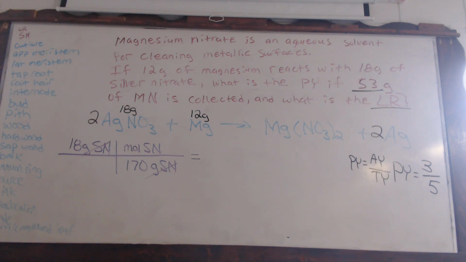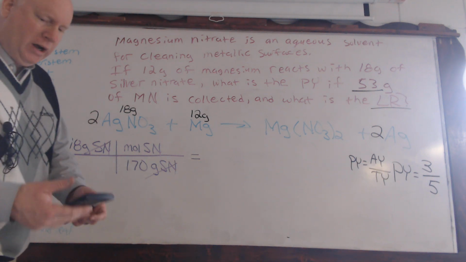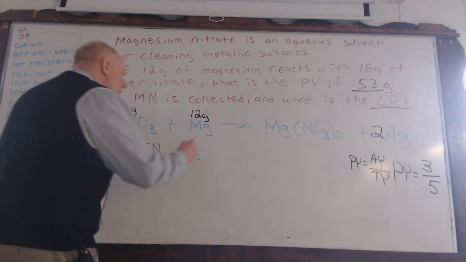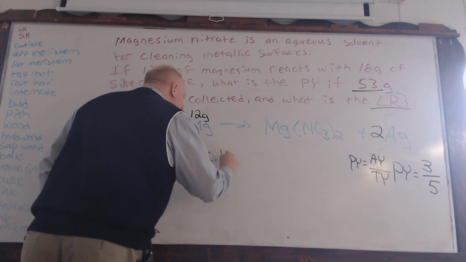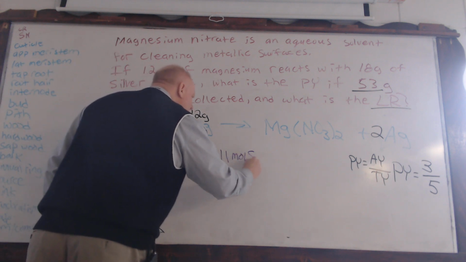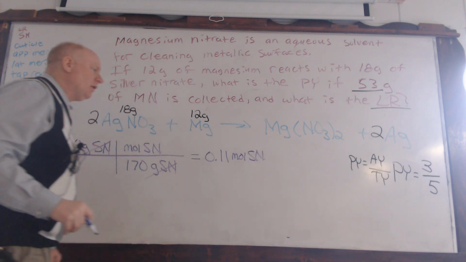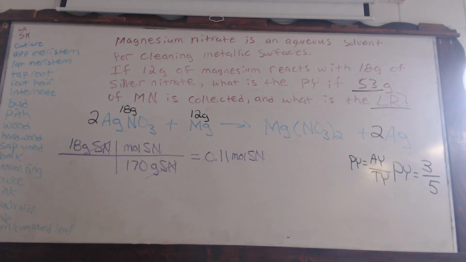Okay? That gives us 0.11. Okay? So 0.11 moles of silver nitrate. So, of course, that's going to be important, but do we want to label this specifically with something? The answer is yes.